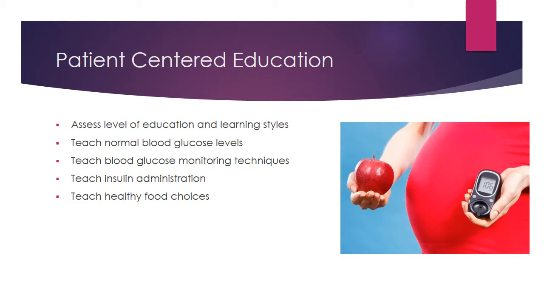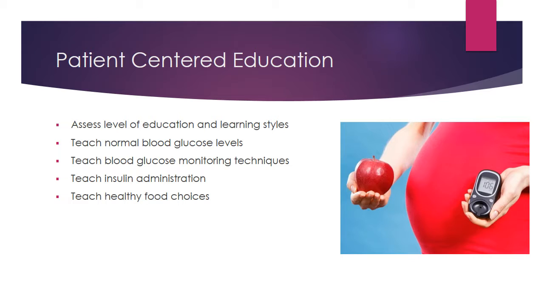Patient-centered education. First and foremost, we always want to assess our patient's level of education and learning styles and have appropriate teaching materials handy. Next, we want to teach normal blood glucose levels, 80 to 130 milligrams per deciliter for fasting glucose checks, or 2 hours after meals, blood glucose levels should be less than 180 milligrams per deciliter.